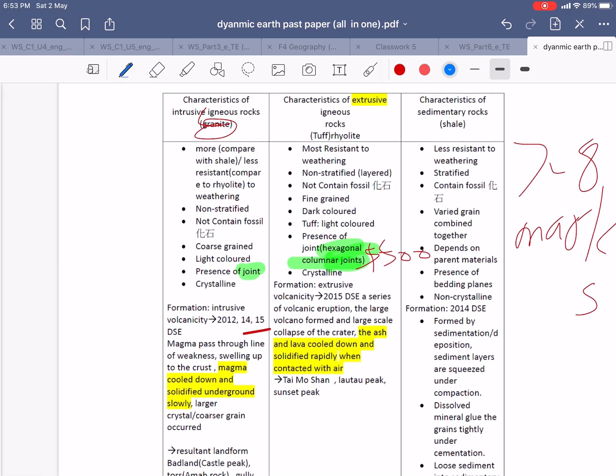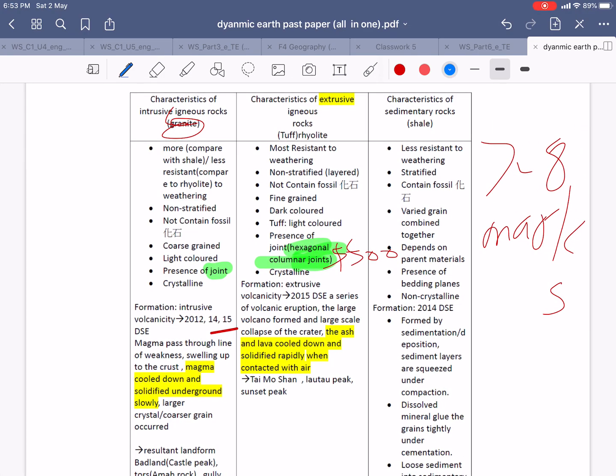Okay, again, intrusive igneous rock. Some of the students will argue with me whether it is resistant or not. It's comparable, relatively not resistant when compared with the tuff.